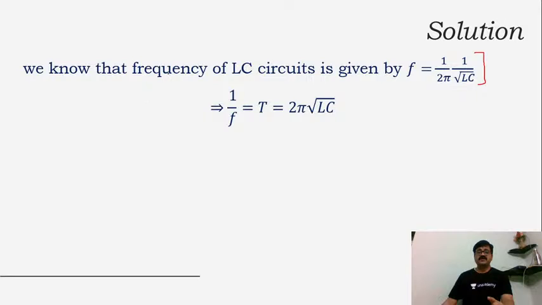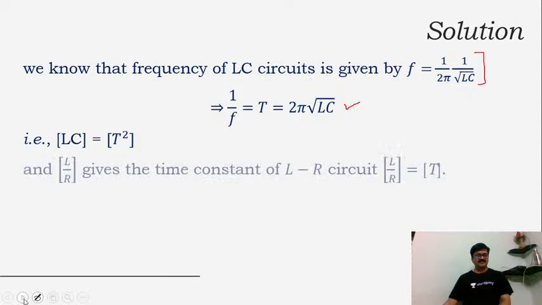Then therefore 1 by frequency is what? Time period. Therefore time period is equal to 2 pi into root of LC. Okay, so this is one interesting thing. We will see why I have done it like this later. Next, hence LC equal to what? Dimension of L into C is equal to what? T square. Dimension of T square.